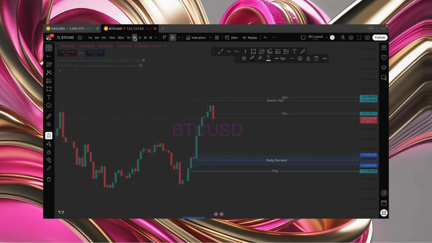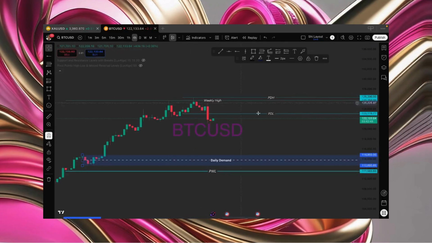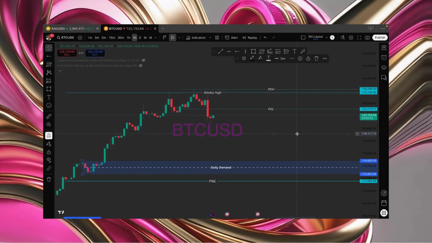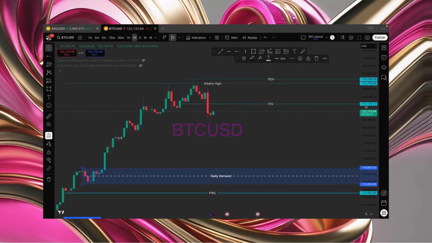So from there, I go to my 4-hour chart, and I look to see if there's any demand zones on here that has yet to be mitigated, okay? So this is going to be my closest demand zone.